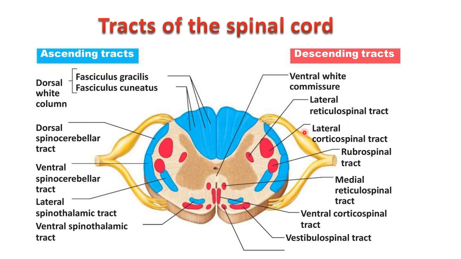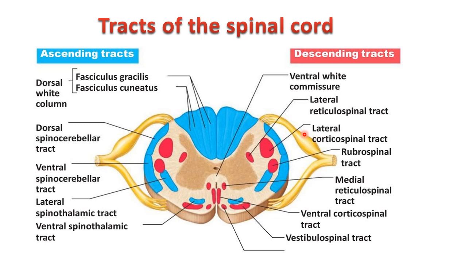Then the lateral reticulospinal tract. This is facilitatory to the flexors of the trunk and limbs, and mainly arises from the lateral reticular nucleus, which is situated in the medulla. They are also concerned with the transmission of pain through the ascending tracts. And not only that, the lateral reticulospinal tract is also responsible for automatic breathing.